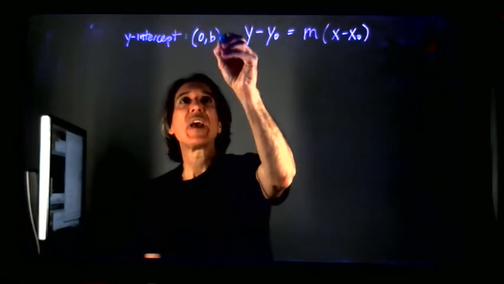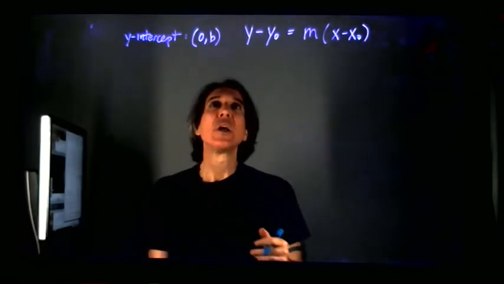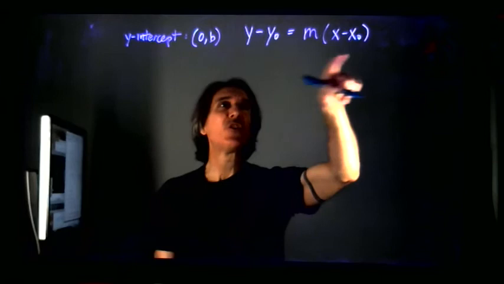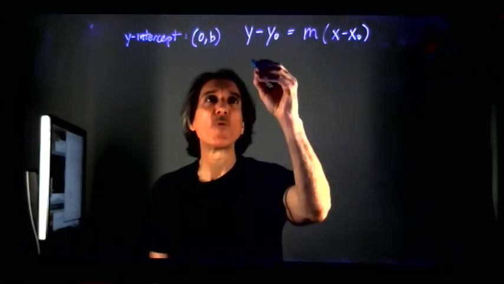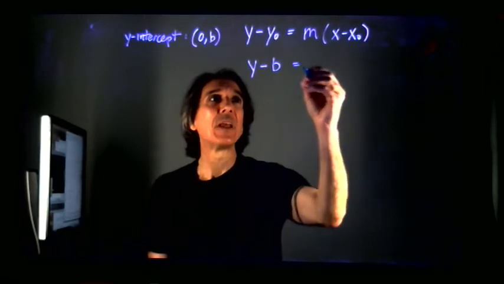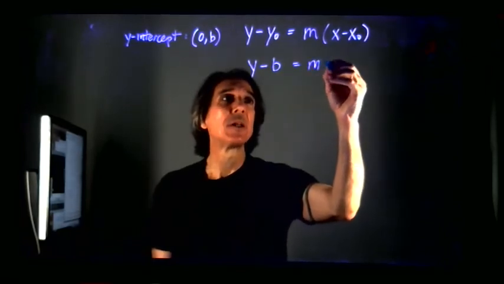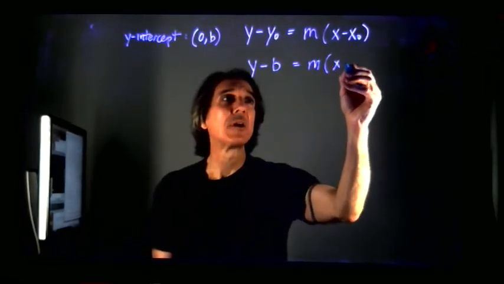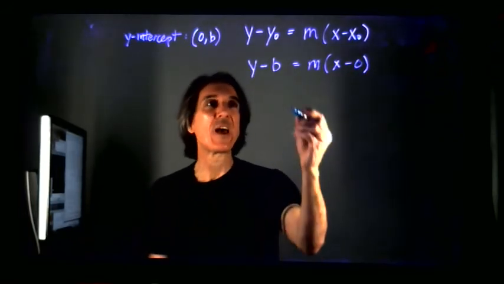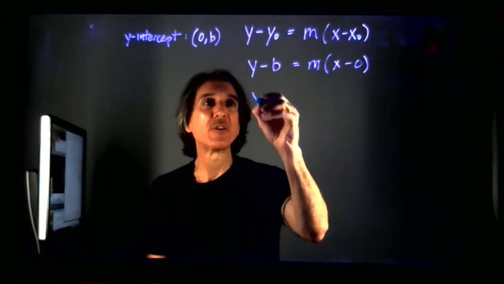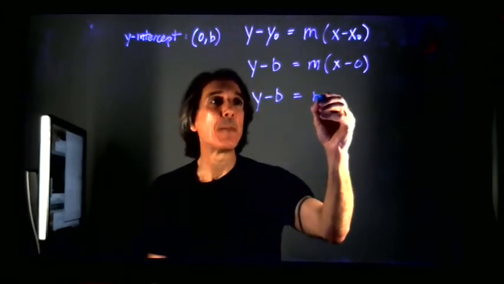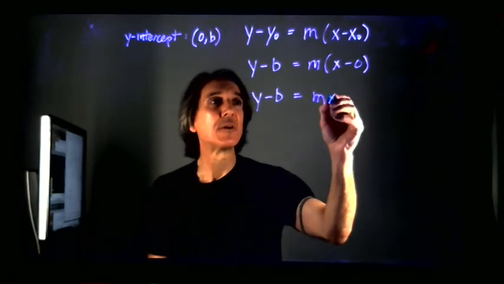It occurs at x equals 0, and we call it b. So why don't we take this particular point and plug it into our general equation. So we have y minus b is equal to m times x minus 0, but x minus 0 is the same thing as x, so we are just going to rewrite this as y minus b is equal to mx.